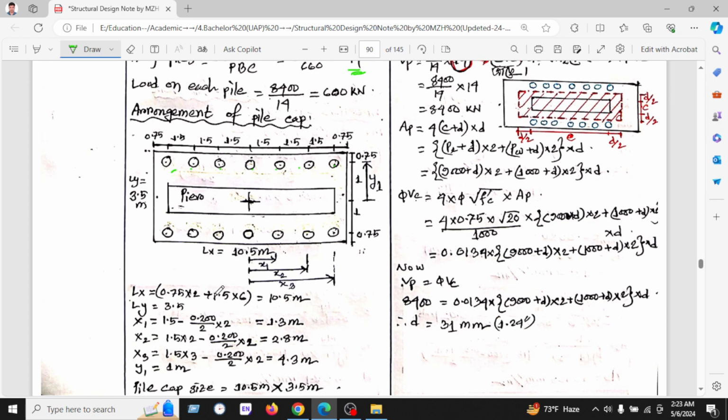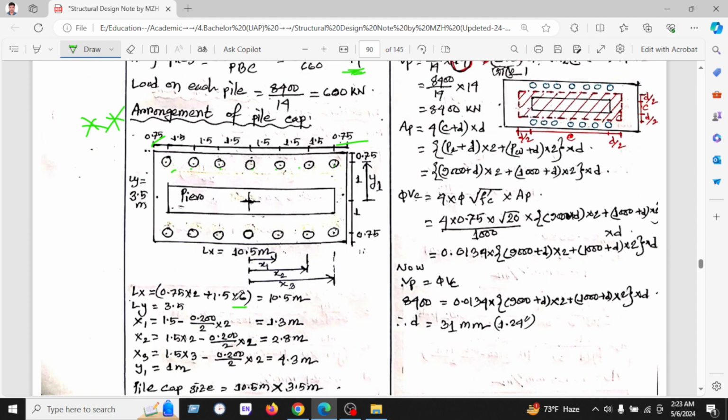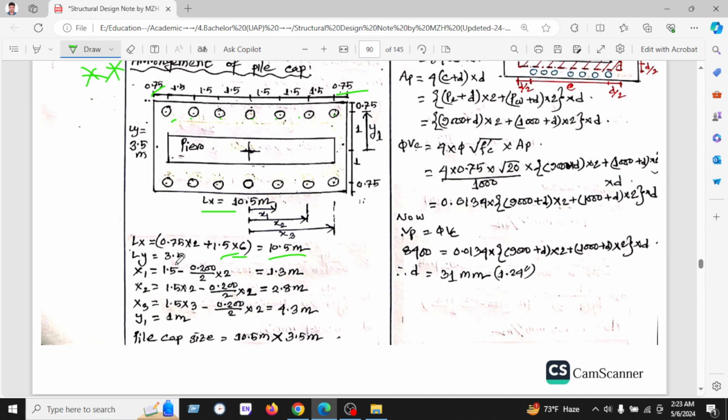So LX, we know the arrangement is very important. LX equals 0.75 into 2, where 0.75 is the clear distance, plus 1.5 into 6, as we have used 14 piles, which is 7 piles on each side. Here 1.5 into 6 is the spacing of the piles, and we have found 10.5 meter in the X direction for LX, and LY will be 3.5.